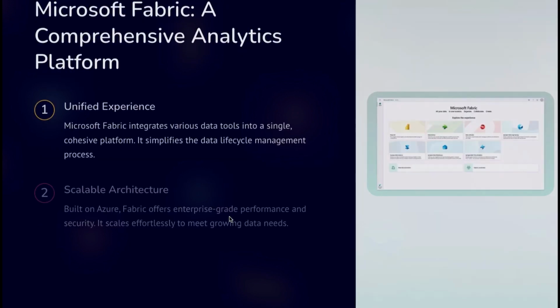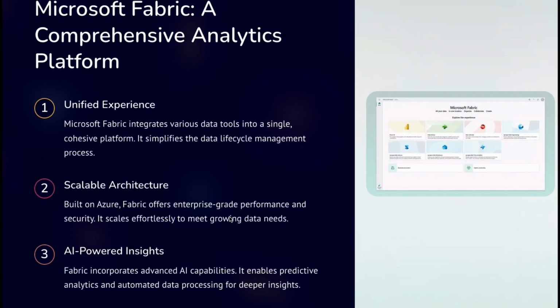Again, in Microsoft Fabric, you have seen this interface before, right? That is there on our right side, where you can directly get access to a lot of things like Power BI, Data Factory, Purview, data warehouse, data science, real-time analytics, and everything.